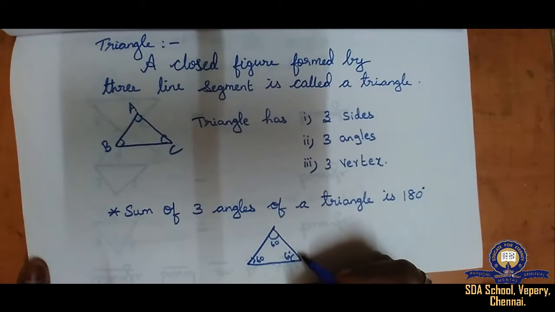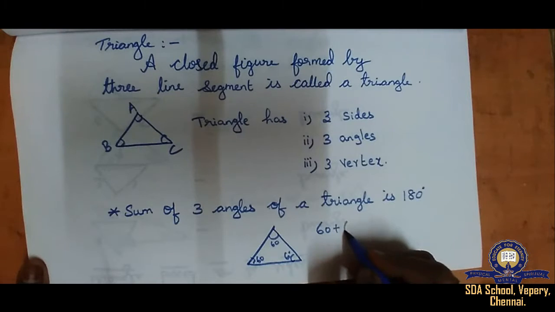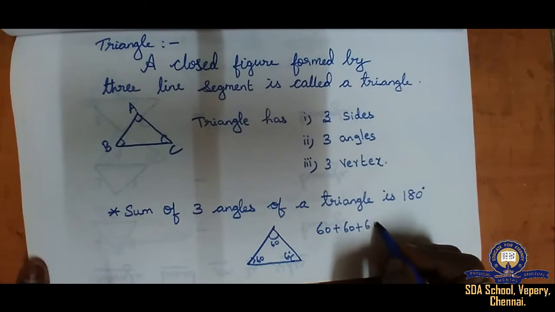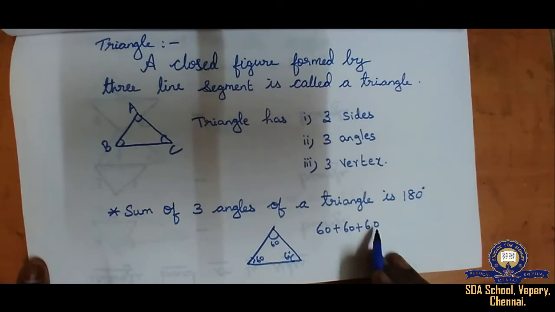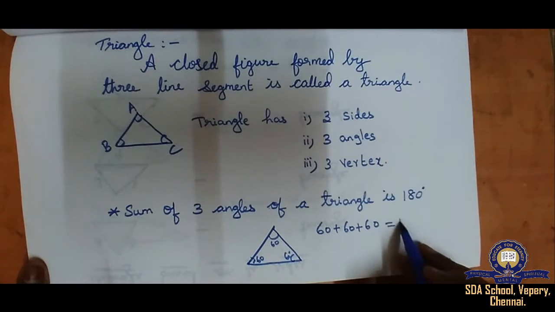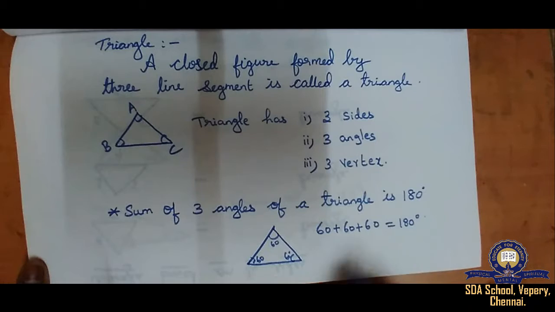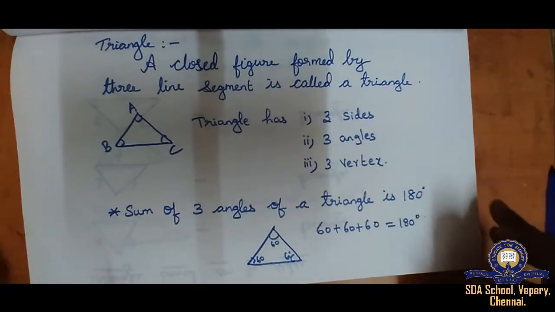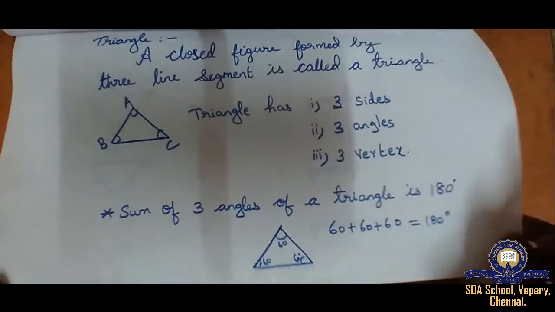All 3 angles have 60 degree. If I add all the 3 angles, 60 plus 60 plus 60 gives you 180 degree. This is a perfect triangle. So our theorem is sum of 3 angles of a triangle is 180 degree.